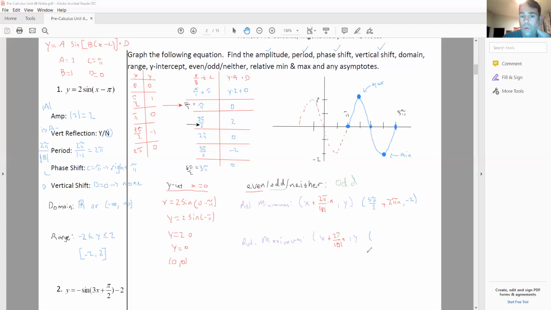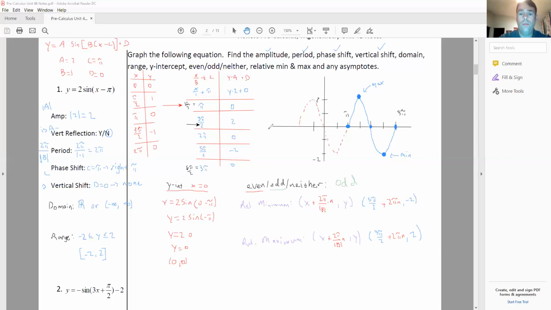So that's the point 3 pi over 2, and we're going to add 2 pi n to it. And that y value is 2. So there we go, friends.